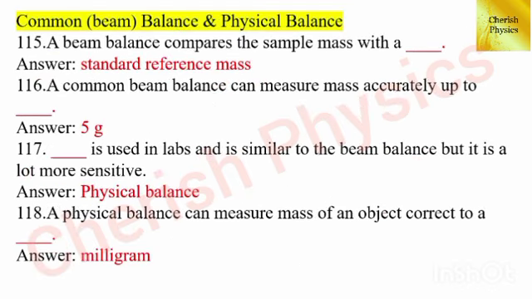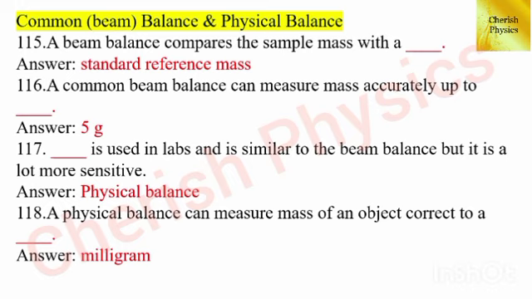A beam balance compares the sample mass with a standard reference mass. A common beam balance can measure mass accurately up to 5 gram. A physical balance is used in labs and is similar to the beam balance, but it is a lot more sensitive.